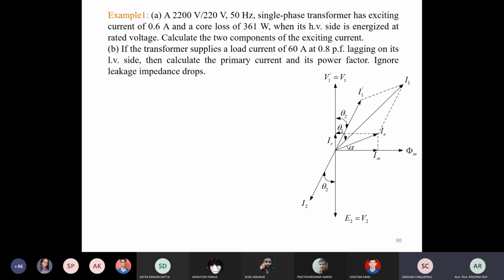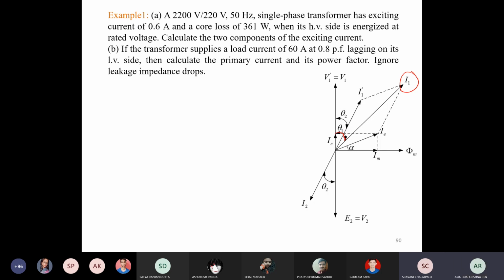I2 is given, 60 ampere. From that we can calculate I1 dash. We know the value of IE and I1 dash is calculated. So we have to find this I1 and then this power factor angle theta 1 and then power factor cos theta 1.